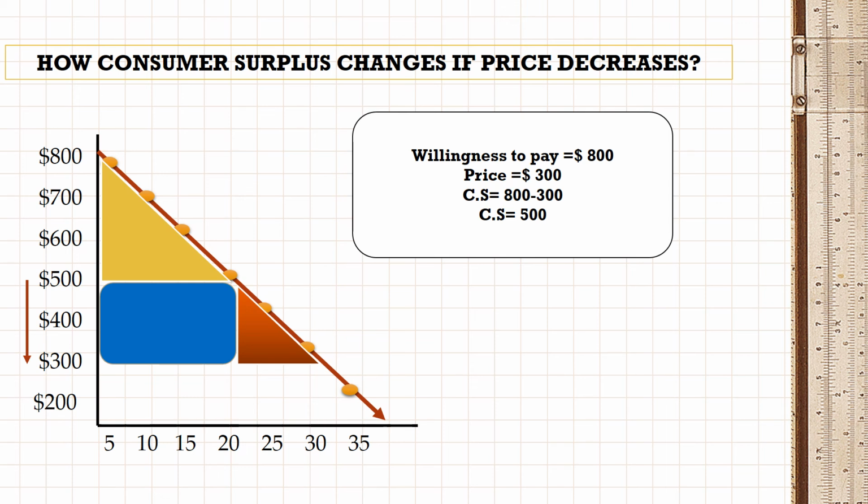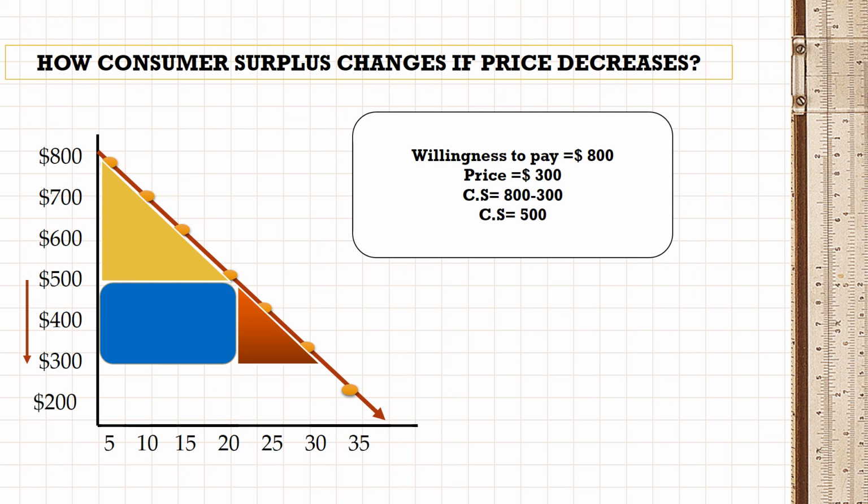But what happens, let's suppose, if your willingness to pay is equal to the amount you actually pay. For example, if your willingness to pay is $500 and you actually pay $500 for a product. In this scenario, your consumer surplus would be zero because you won't get any additional relief or happiness that you have saved something.